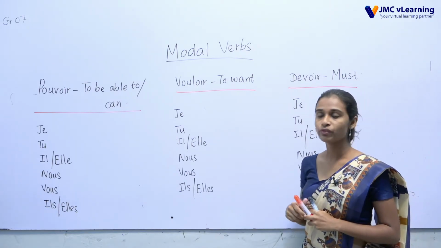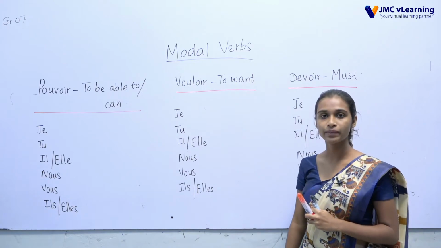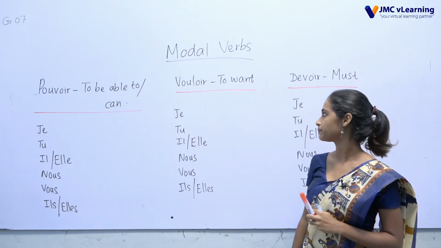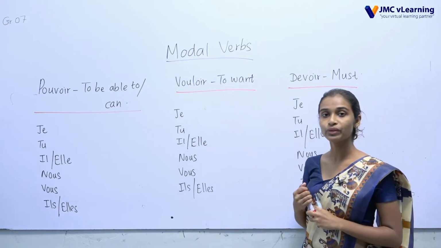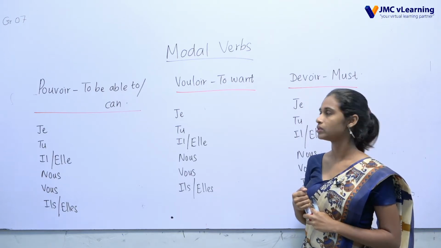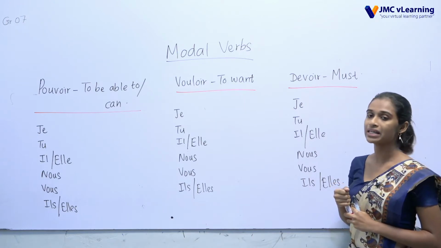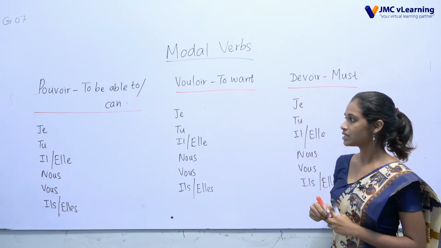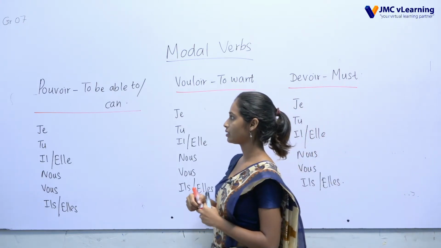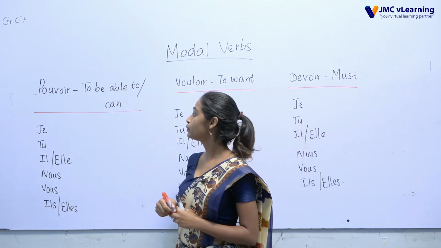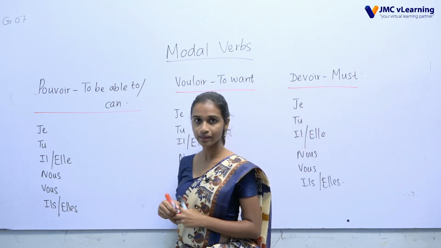What do you mean by pouvoir? To be able to or can. What do you mean by vouloir? To want. And what do you mean by devoir? Must, right? Now let's start with conjugating the pouvoir verb, okay?